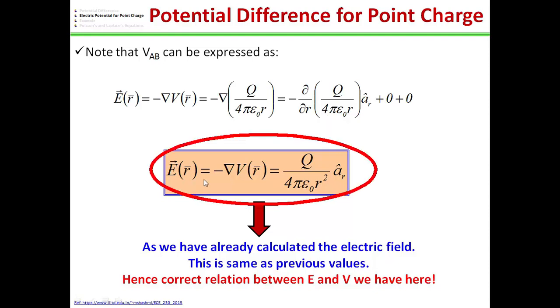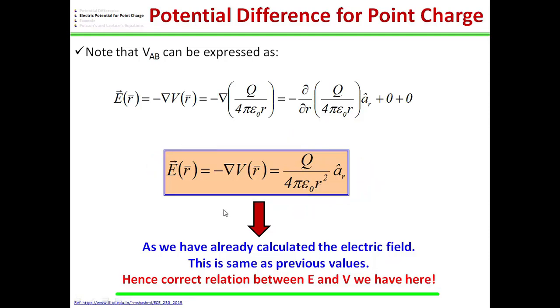So the electric field will be Q by 4 pi epsilon naught r square, a_r. As we have already calculated, the electric field due to the point charge was Q divided by 4 pi epsilon naught r square. Hence we can say that the relation between electric field and potential, that is E is equal to minus del V, is correct.